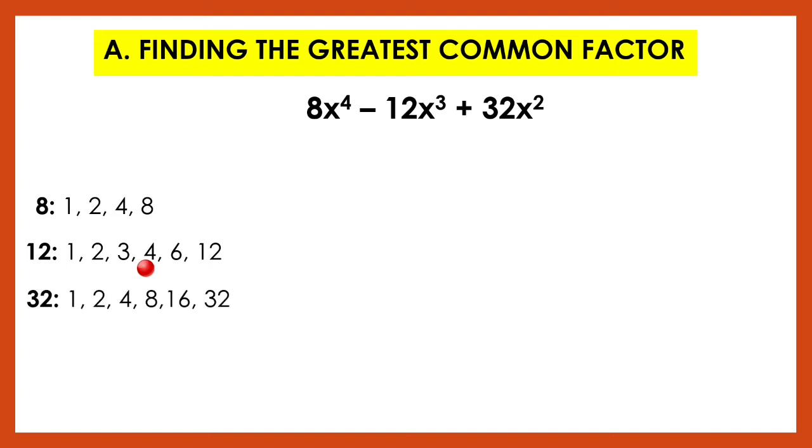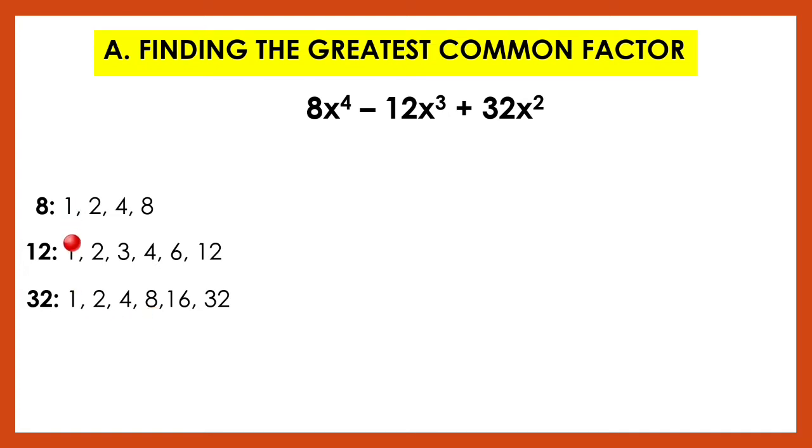And lastly, 32. What are the factors of 32? We have 1, 2, 4, 8, 16, and 32. 1 times 32 is 32. 2 times 16 is 32. 4 times 8 is 32. After nating ilista yung mga factors, kukunin natin yung greatest common factor, yung pinakamalaking common nila.